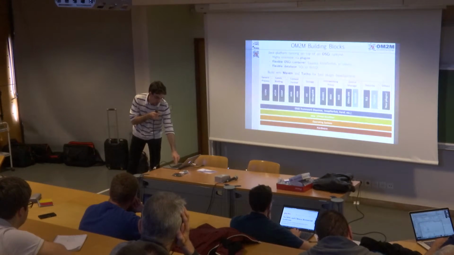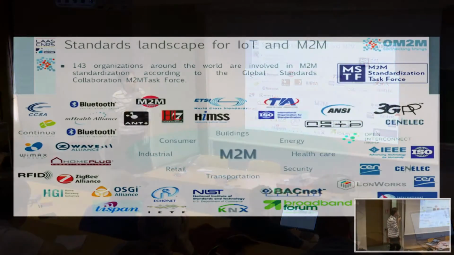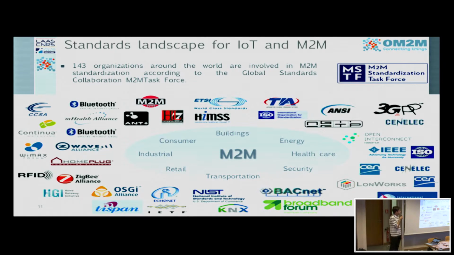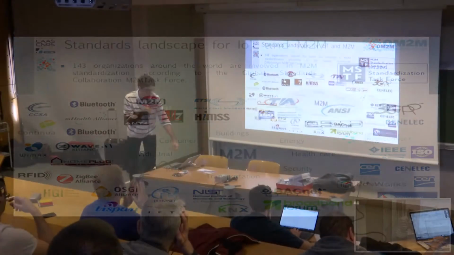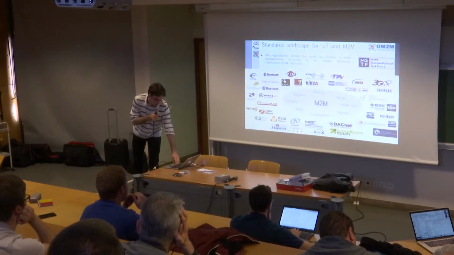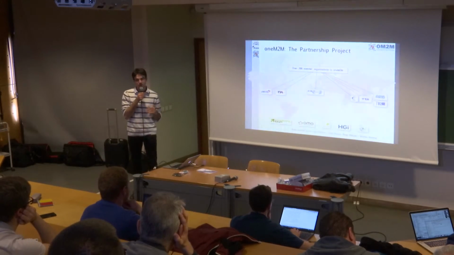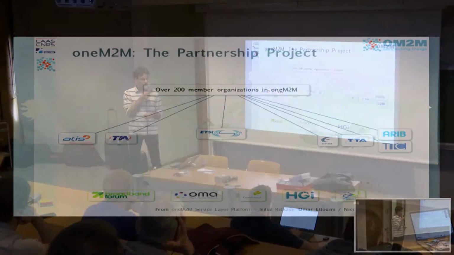So now, regarding the standard, there are a lot of standards organizations in the world, and particularly for IoT. There are a lot of entities, alliances, and standardization organizations. But oneM2M is one of the most global standard organizations.